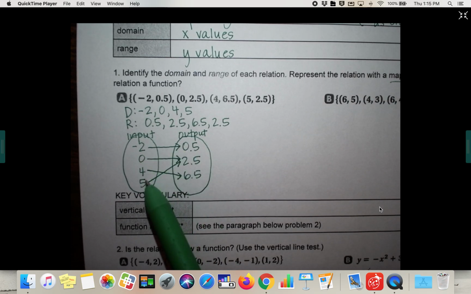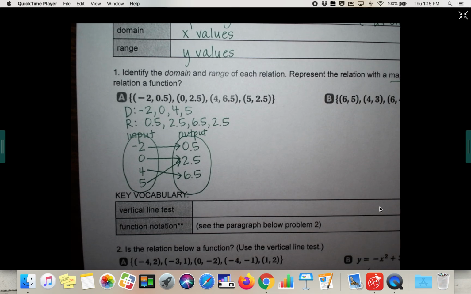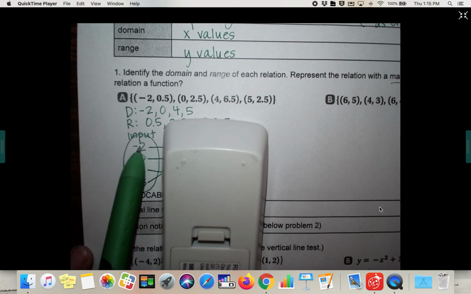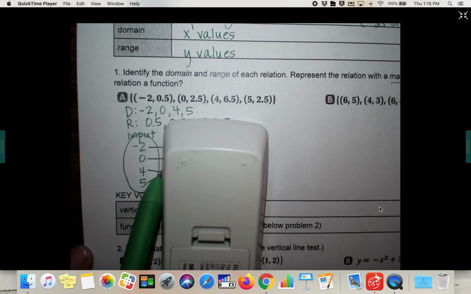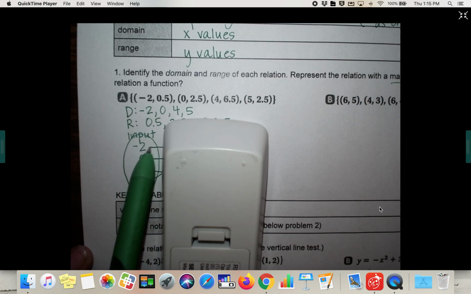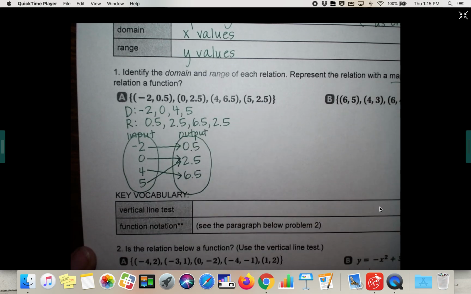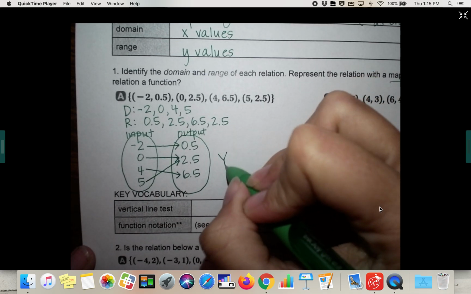Each of these has only one line. If I were to cover up the outputs, each of these has its own line coming from it. If -2 was drawn to something and -2 was drawn to something else, that would make it not a function. But because each input has its own line coming from it, has its own output, this one is a yes. This is a function.